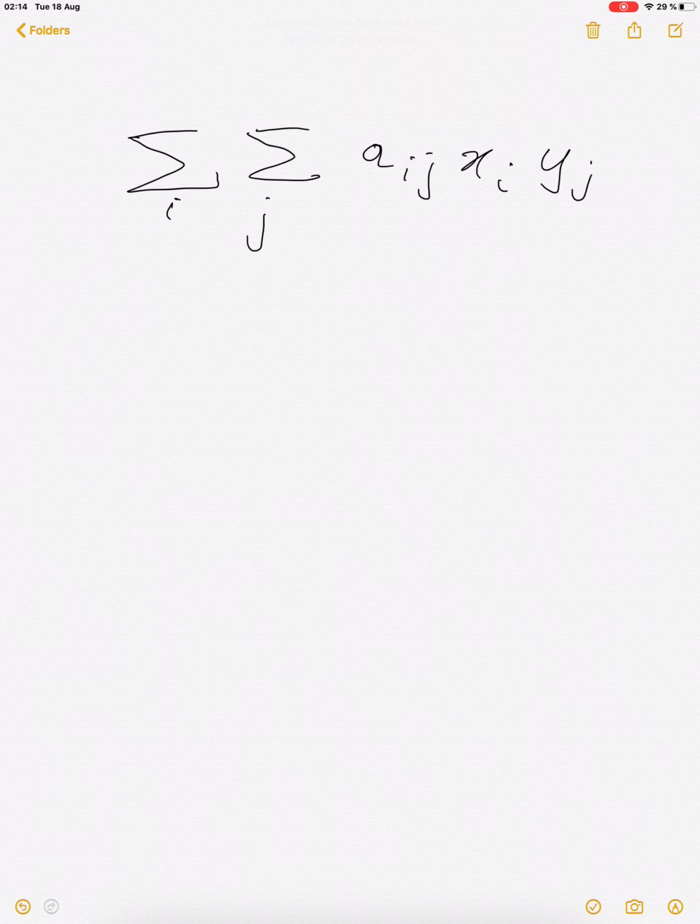So if a mathematician were to write this, then Einstein would have written this very simply. Aij, xi, yj. So what Einstein did was he got rid of the sum signs.